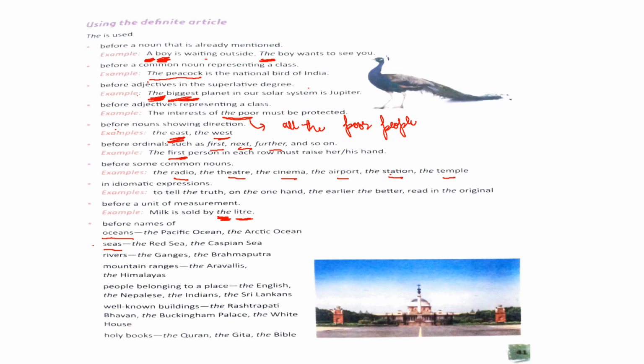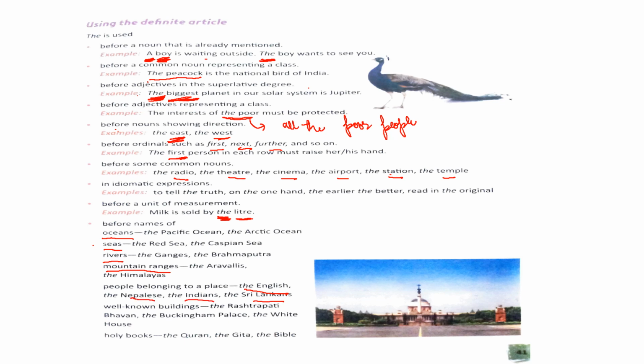With names of rivers like the Ganges, the Brahmaputra. It is also used with mountain ranges like the Aravalis, the Himalayas. And also before people belonging to a place, like the English, the Nepalis, the Indians, the Sri Lankans.